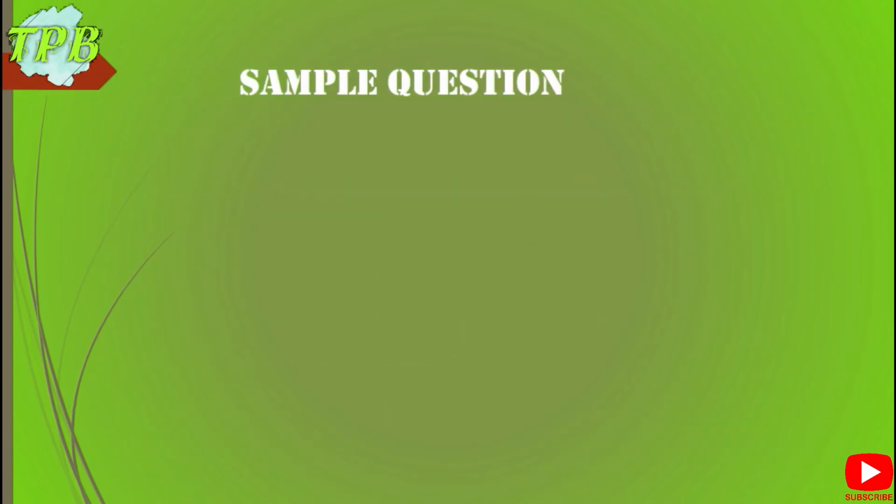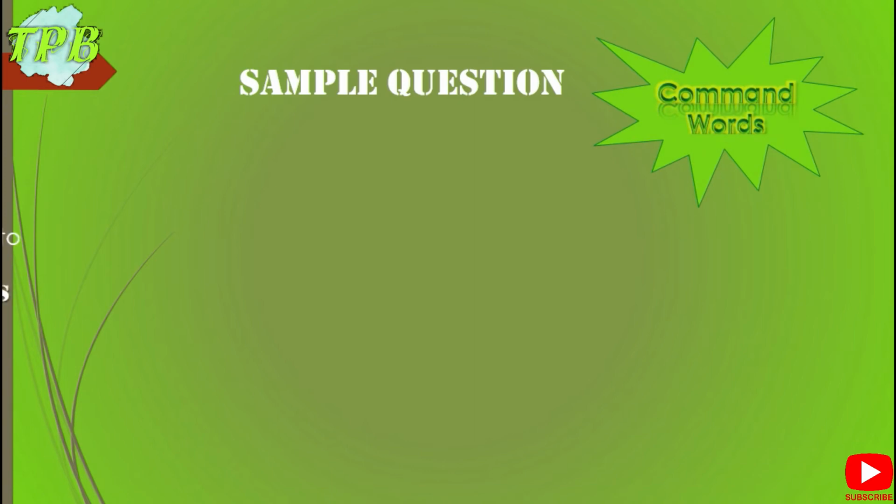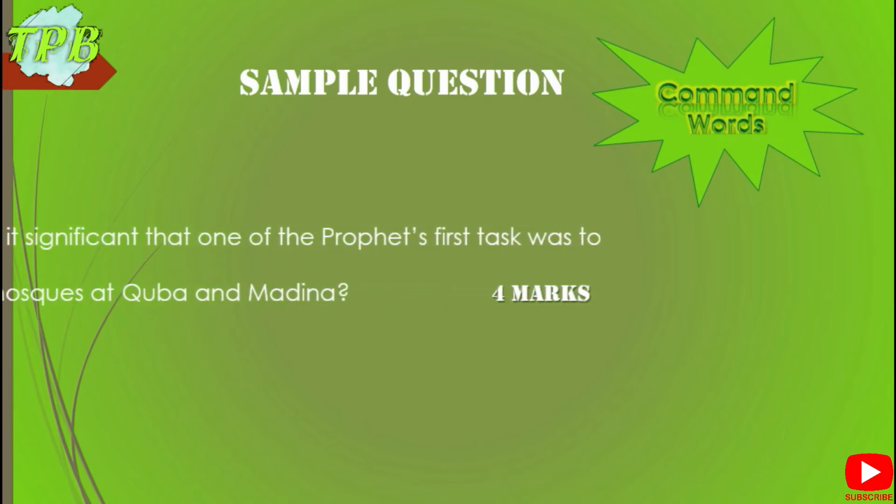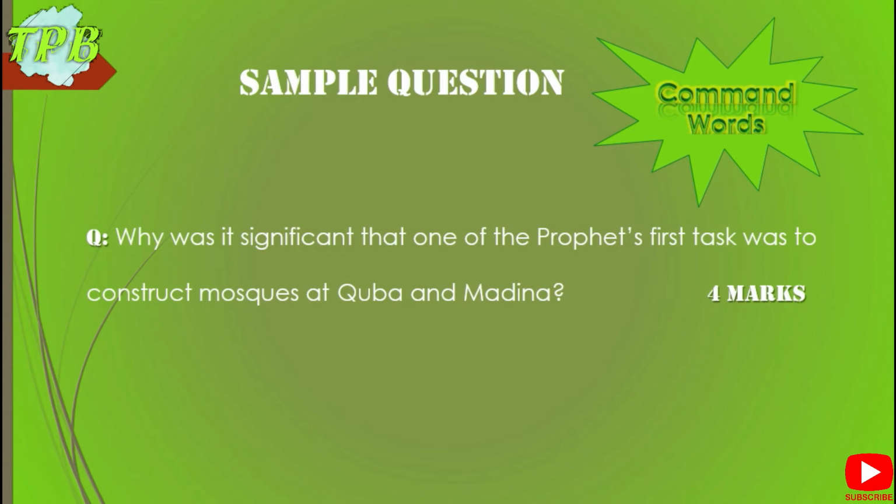Here I am sharing a sample question from the past paper with you. The question says, why was it significant that one of the Prophet's first tasks was to construct mosques at Quba and Medina?